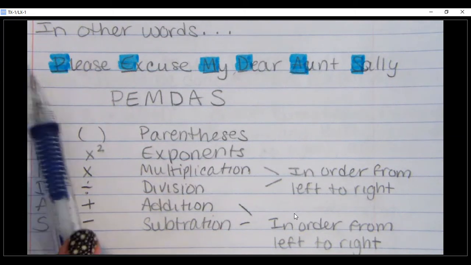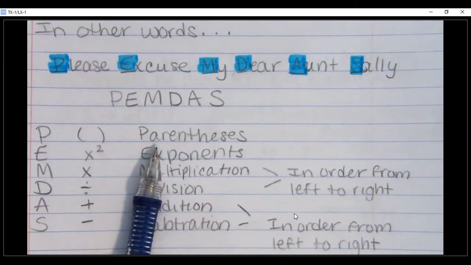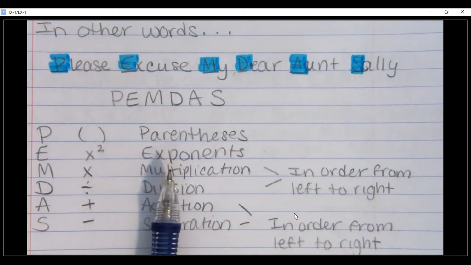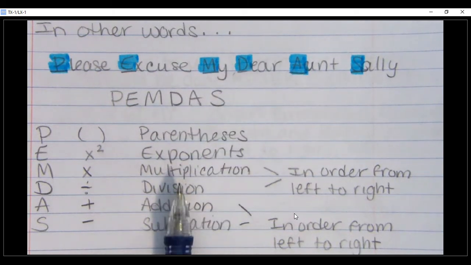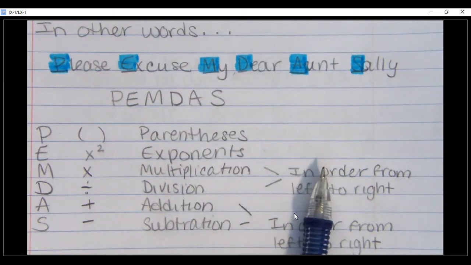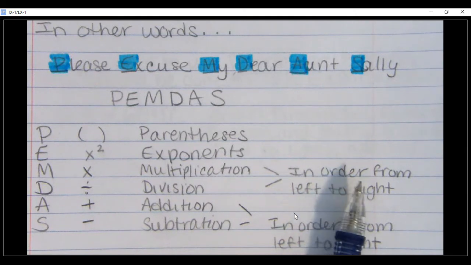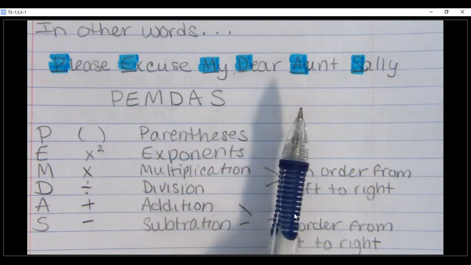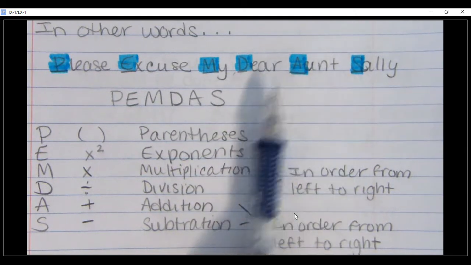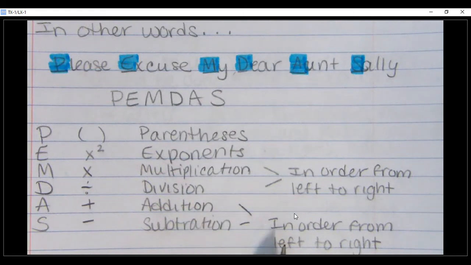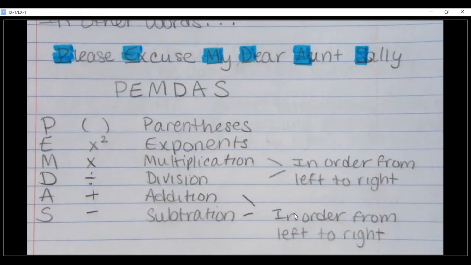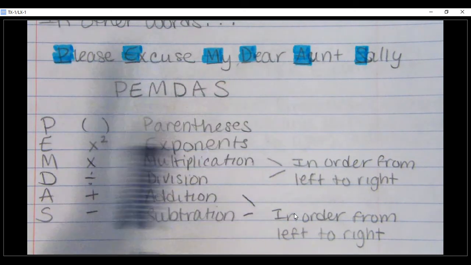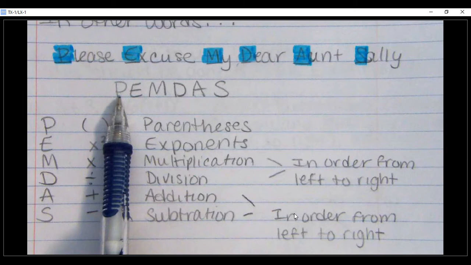P stands for parentheses, E stands for exponents, M and D stand for multiplication and division, and remember, this needs to be completed from left to right. Then A and S stand for addition and subtraction, which also needs to be completed from left to right. Another term that's very common to use is PEMDAS.